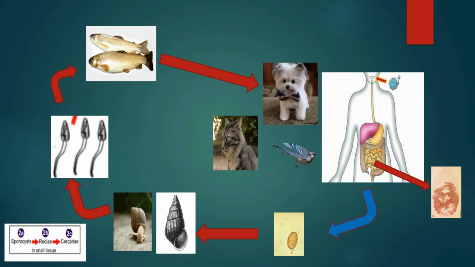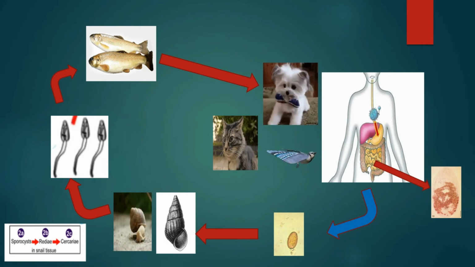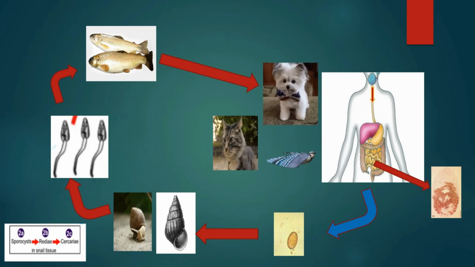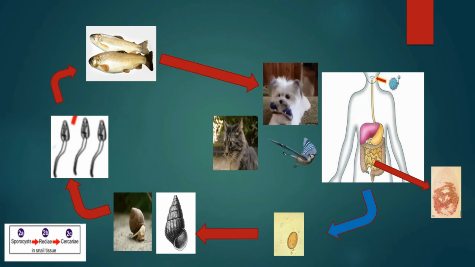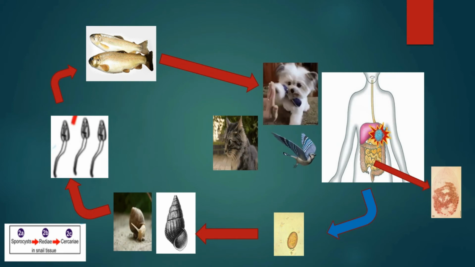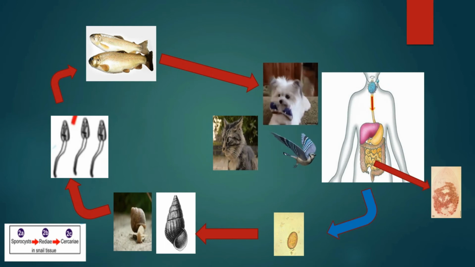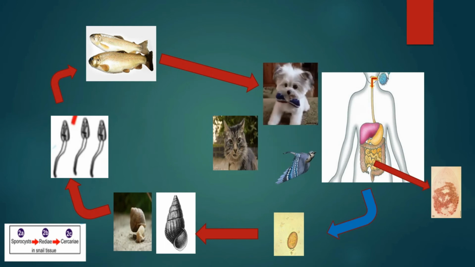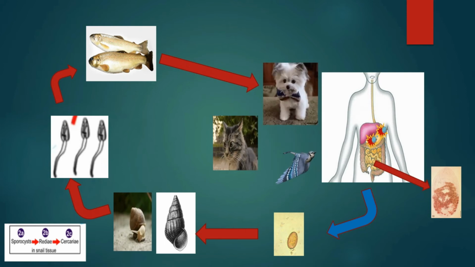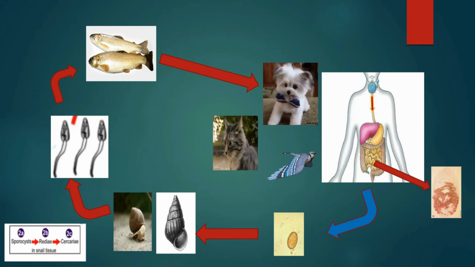Many cercariae are produced from each redia. The cercariae are released from the snails. Metacercariae encyst in the tissue of a suitable fresh or brackish water fish. The definitive host becomes infected by ingestion of undercooked or salted fish containing metacercariae. After ingestion, the metacercariae excyst, attach to the mucosa of the small intestine, and mature into adults.